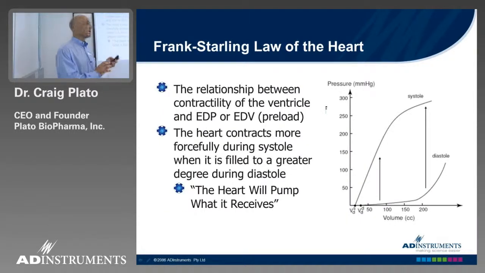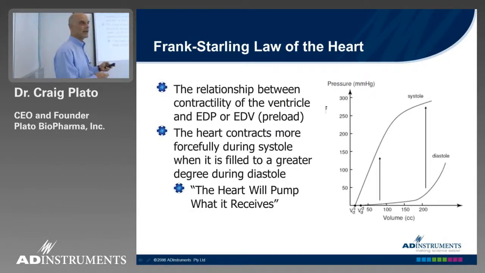We're going to demonstrate the Frank-Starling law of the heart to you today in the lab in real time, but what I did want to point out is this is an example of how I was referring to the heart as a demand pump and functioning somewhat like a rubber band. This shows the relationship between volume, end diastolic volume, and output or contraction of the heart.